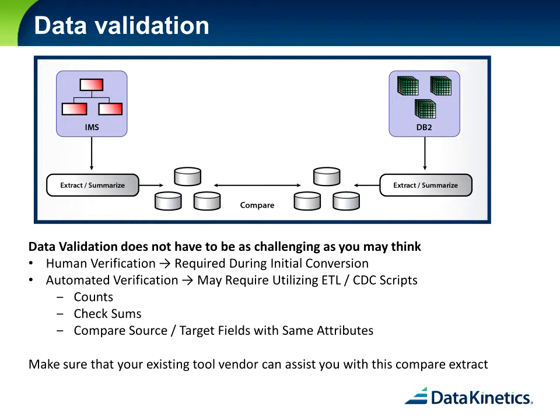So we start to build that required human verification into the scripts, and then you get automated verification. So out of this, you would get the various counts and checksums, compare source and target fields with the same attributes, etc. One thing that really helps is if an existing tool vendor is able to assist with this, with the ability to extract the existing scripts or the existing business logic out of the tool that's doing data replication today.